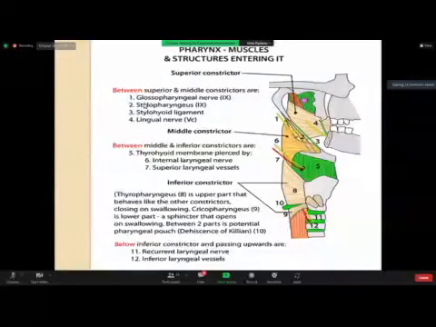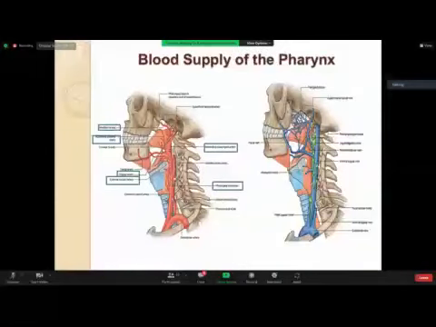Blood supply of the pharynx, इसमें अगर देखें तो we have this common carotid artery, and common carotid artery then gives off internal and external carotid arteries. तो mostly branches जो हैं वो आपकी pharyngeal wall को जाती हैं, these are from external carotid artery, जिसमें lingual artery आ जाती है.